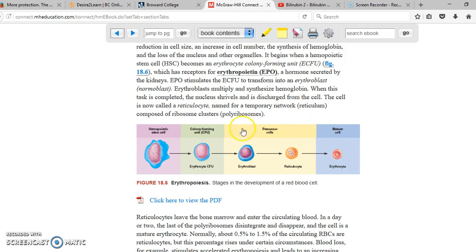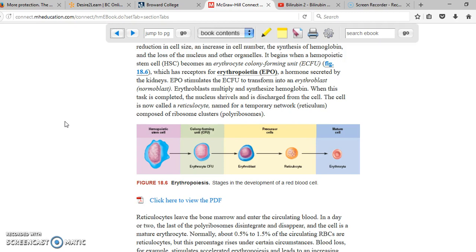Stem cells, as you can see here in this graph, have the ability to produce red blood cells. You're going to see other graphs where the same stem cell is going to give you white blood cells, and the same stem cell is going to give you platelets. So what's the name of the process by which the bone marrow produces red blood cells? Erythropoiesis.